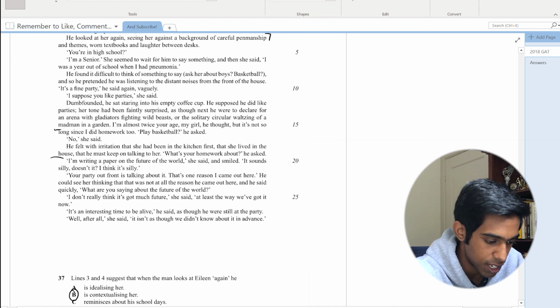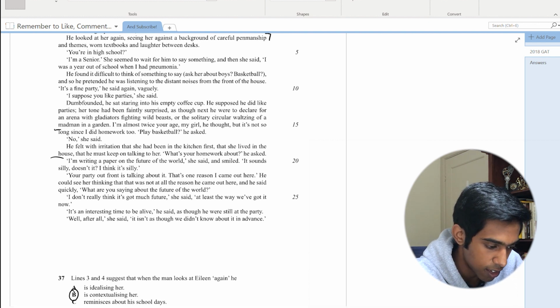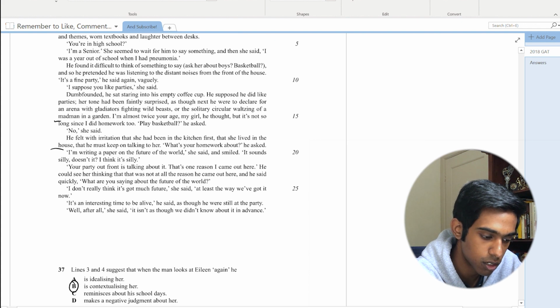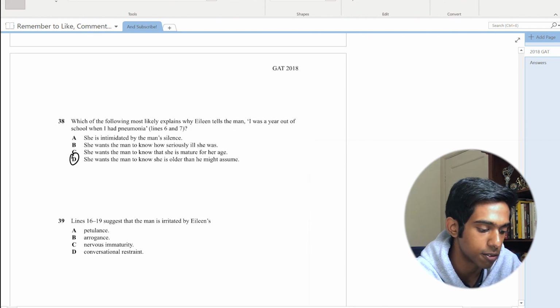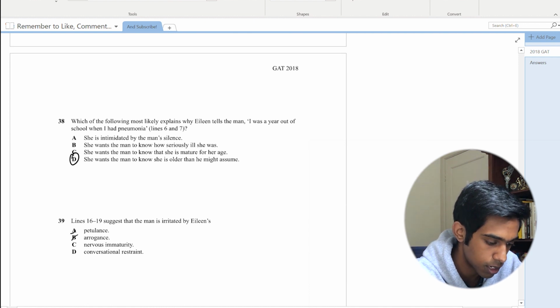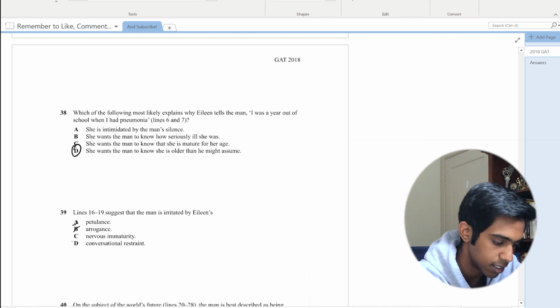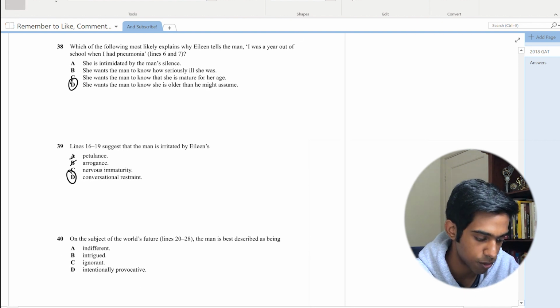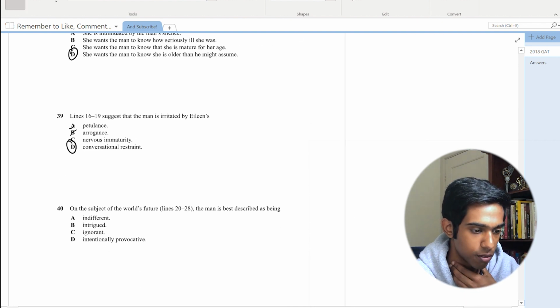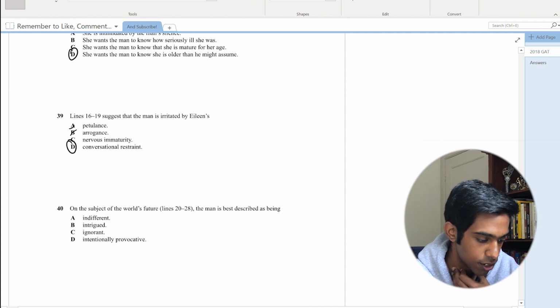He felt with irritation that she had been in the kitchen first, that she lived in the house, that he must keep talking to her. "What's your homework about?" he asked. Okay, so it seems like he's a bit uncomfortable. It's not petulance or arrogance, I'd say, and it's not C. I think it's definitely D, conversational restraint, like the fact that she's not really being active in the conversation.